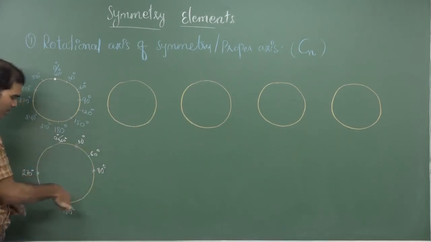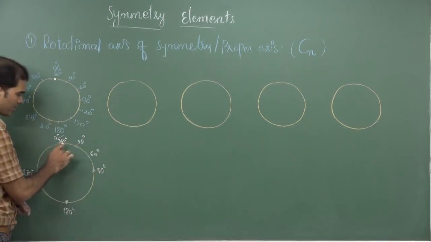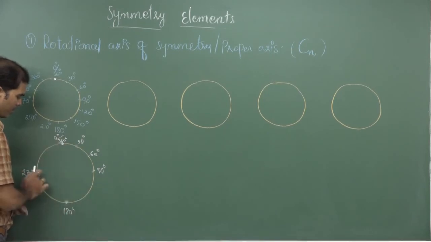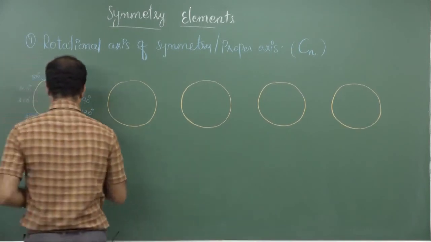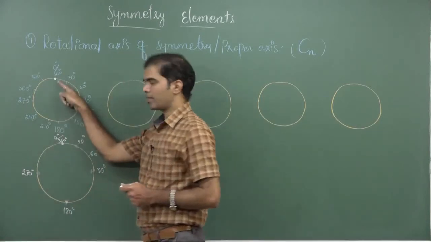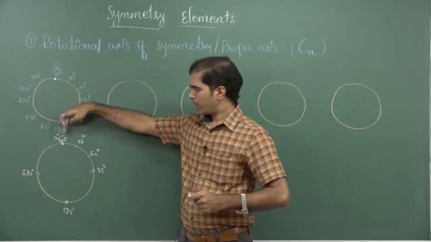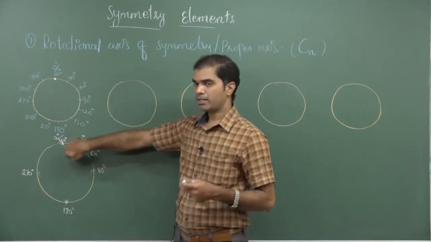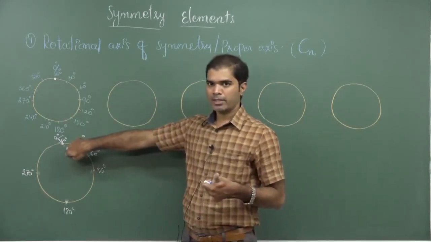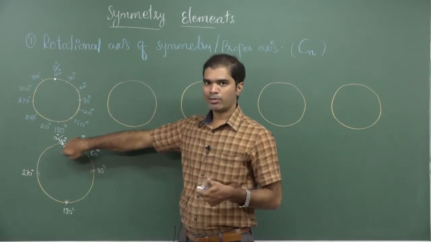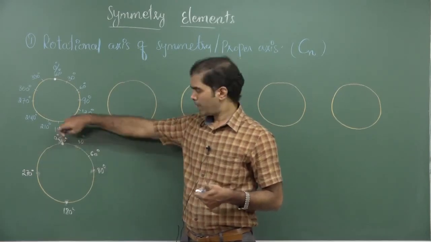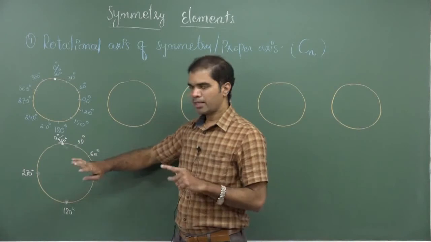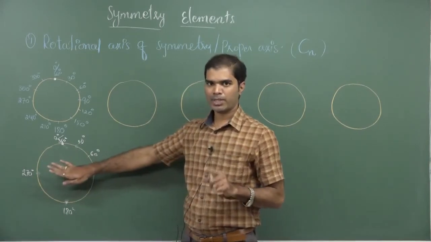But when that point comes to 360 degree, when I rotate it by 360 degree, now you can see this looks just like the original one. So I have reached a configuration where it looks just like the original one, and this is a 360 degree rotation. This is called an identical configuration. So as I am rotating it, I did not get any equivalent configuration. You have to remember this point.